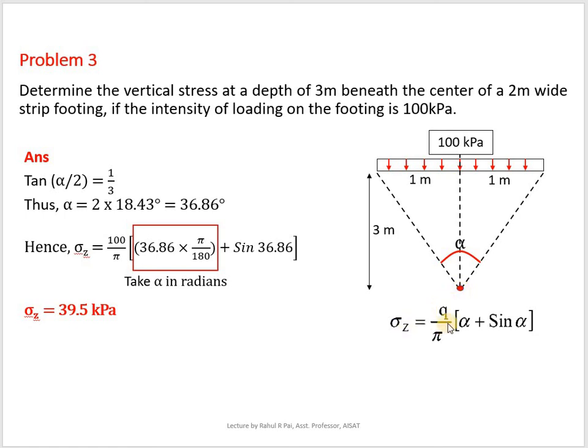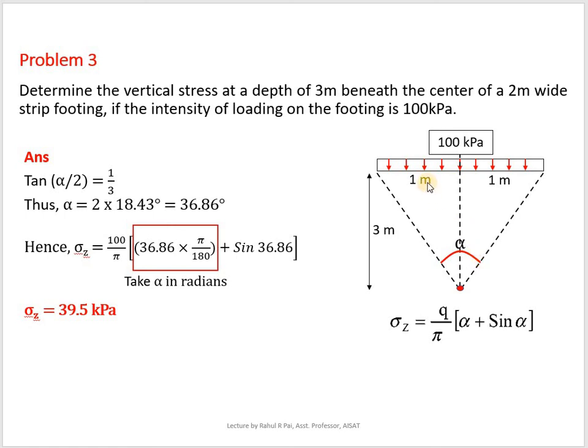The expression for sigma z is q by pi into (alpha plus sine alpha), where alpha is the angle made by the lines subtended from this point to both corners of the strip footing.